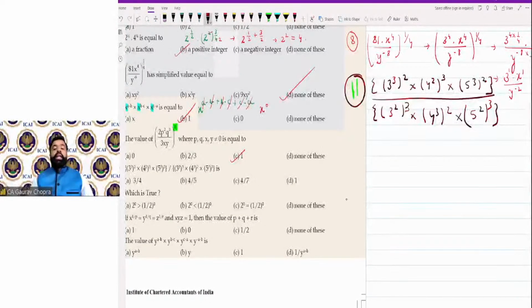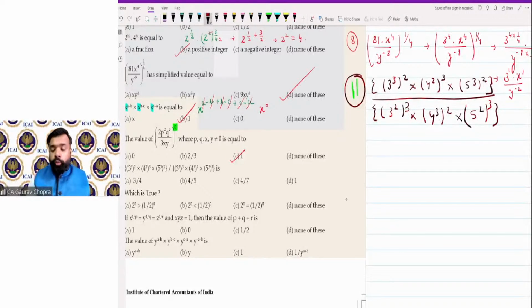This is a very lengthy question. Now how can you solve it? It seems to be lengthy, but actually it is a very easy question. It is simply again a 1 second question. You have to just observe the powers and reach your result.